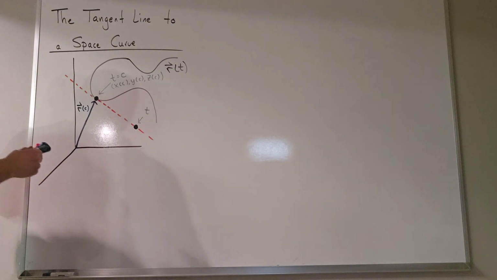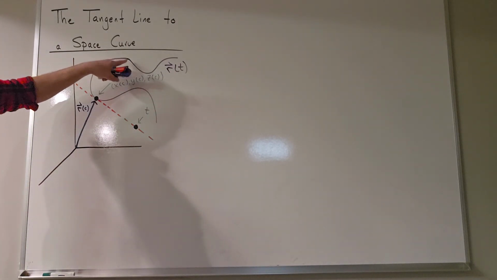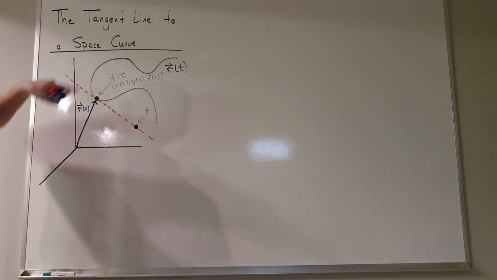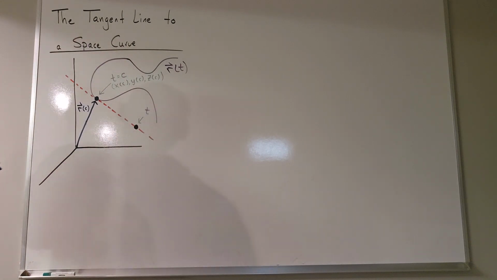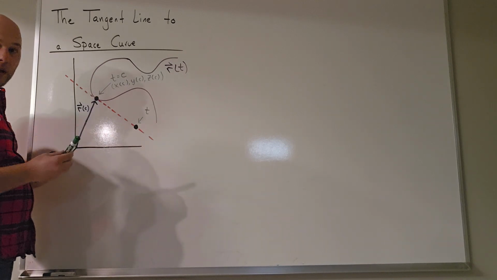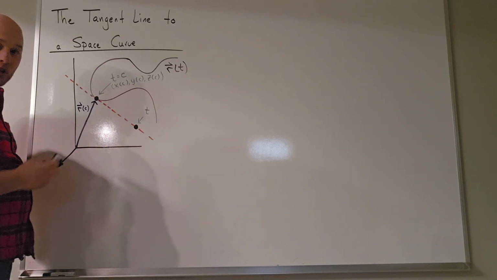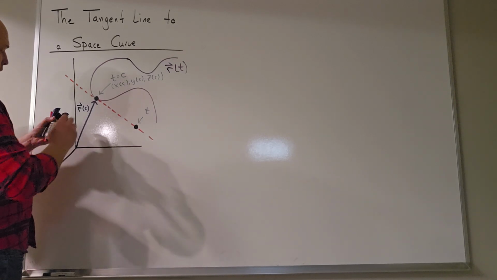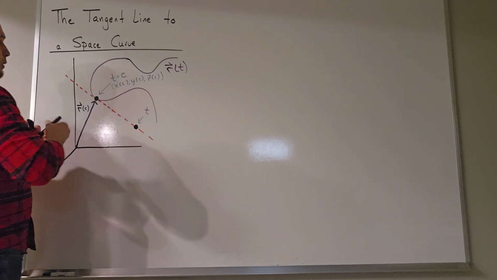Recall that when you take the derivative of a space curve, at any point on the curve, if I were to evaluate it, the derivative evaluated at that point is tangent to the curve. So let's say, for example, I was going to compute the derivative at this point right here.